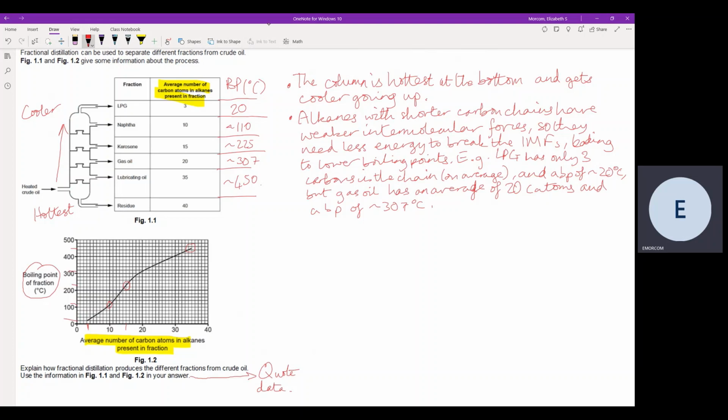Now we just need to say what happens. So we've said that the column is hottest at the bottom and gets cooler. We've said that alkanes with shorter carbon chains have weaker intermolecular forces.